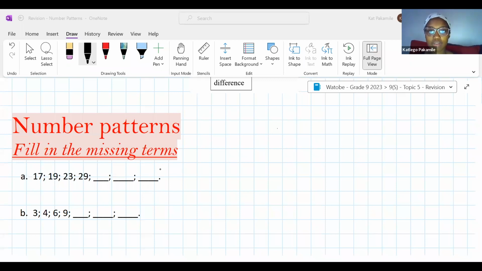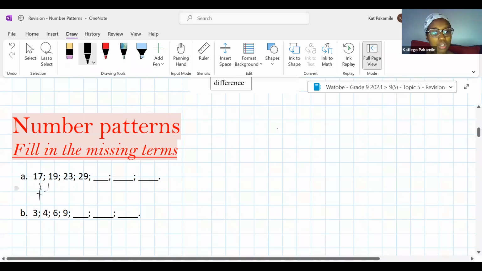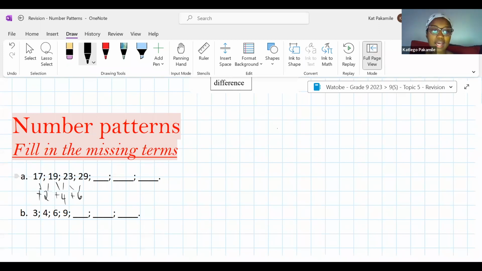Sia, do you have an idea? For A, the numbers are all rising by even numbers. Thank you, by even numbers, because from 17 to 19, we added 2, and then we added 4, and then we added 6.